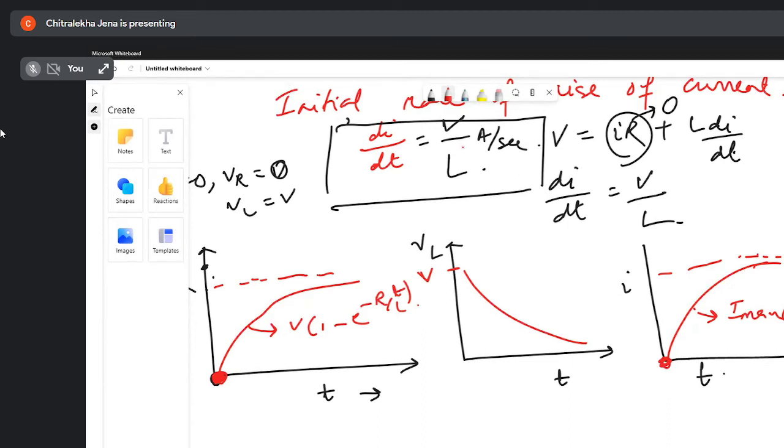Okay, and what about this one, what happens to VL? What is the equation for VL? What is the voltage across the inductor equation?